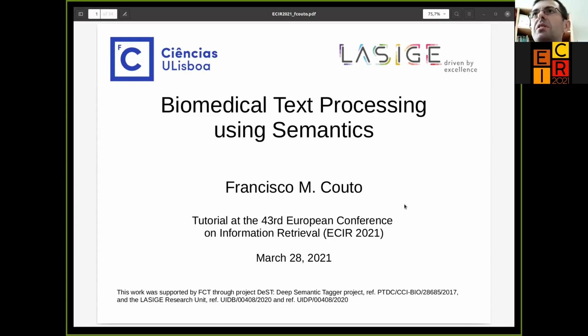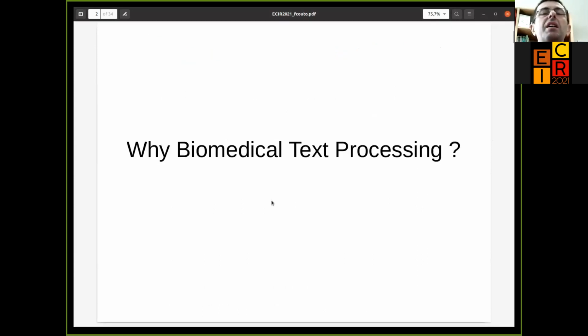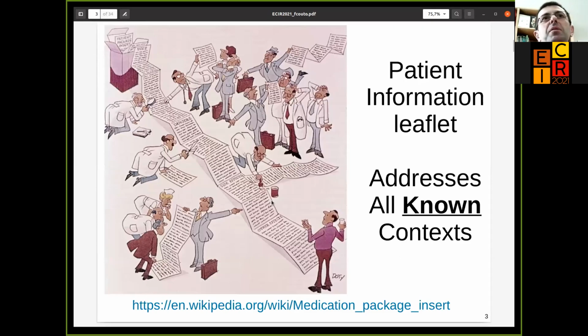So I will go to the first slide. The question is: why should we work with biomedical text processing? What is the importance of having biomedical text processing? As you all already know, every drug that you buy at your drugstore has information leaflets with all the indications and all the problems about a drug that you can have.